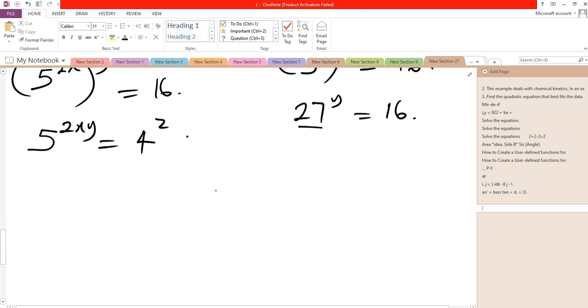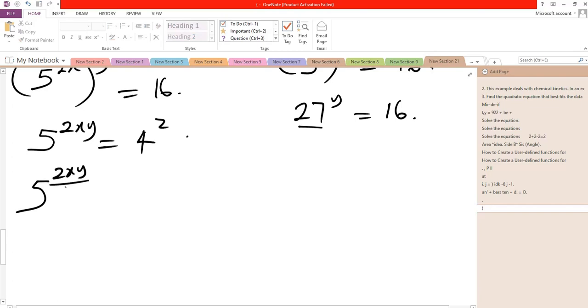In an equality, whatever you do to the right hand side, you also have to do to the left hand side, so that the equality sign will still remain. Now what I will do is divide the powers with 2xy.